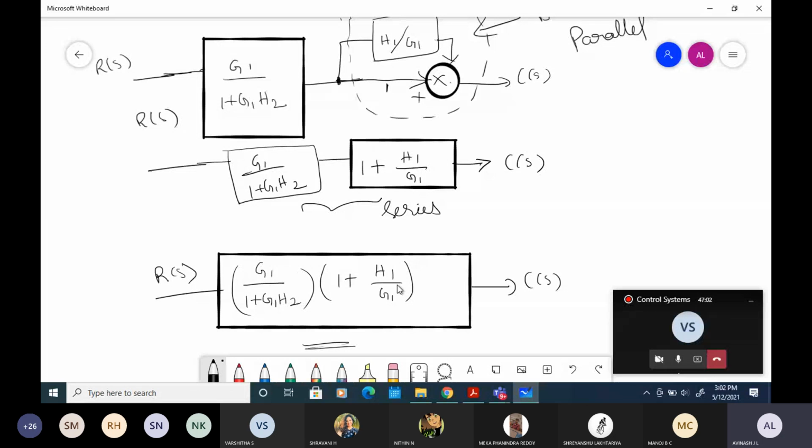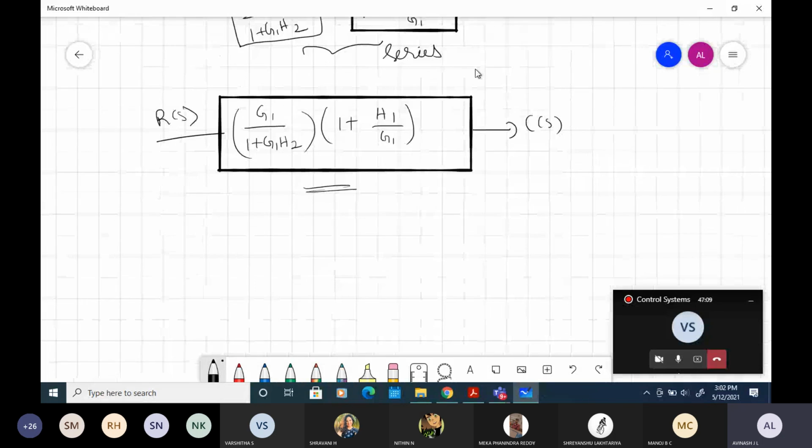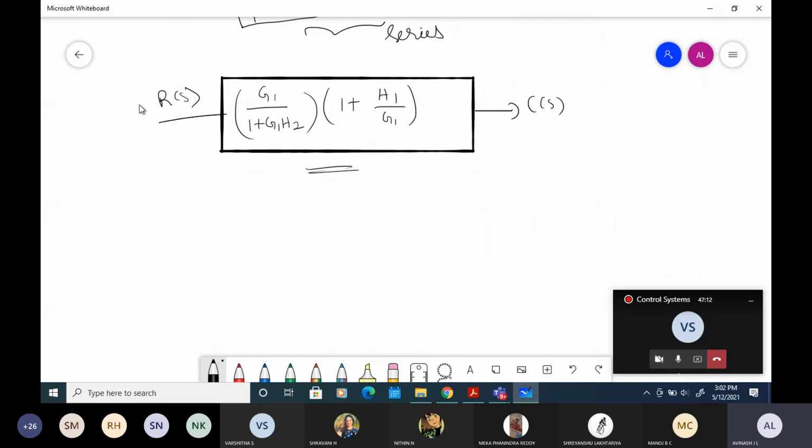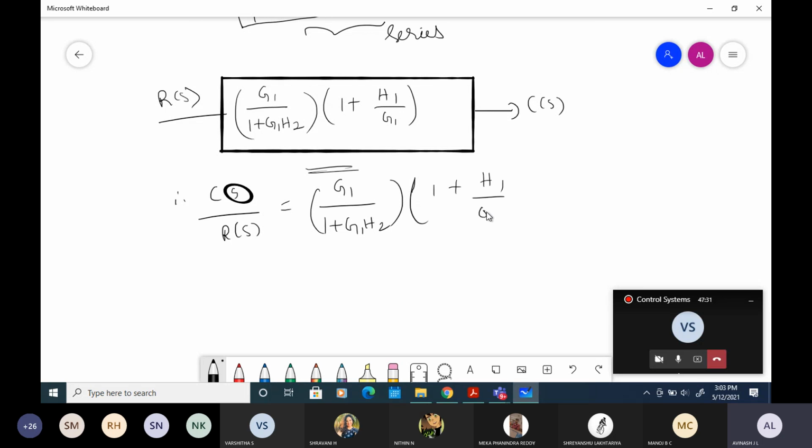Multiply the values so that you get the transfer function. Finally, it is compulsory, don't leave it at this point: C of S divided by R of S is equal to G1 divided by 1 plus G1 H2 into 1 plus H1 divided by G1. Once you do this, your answer is finished.